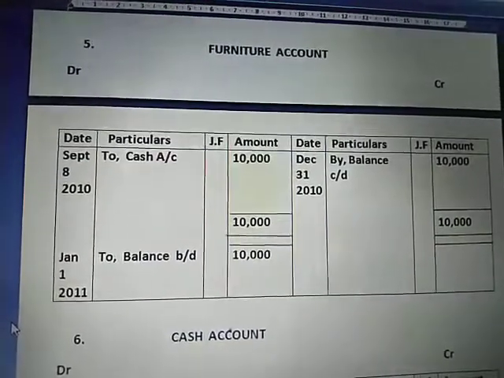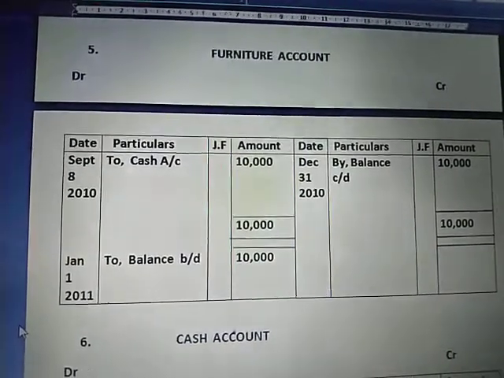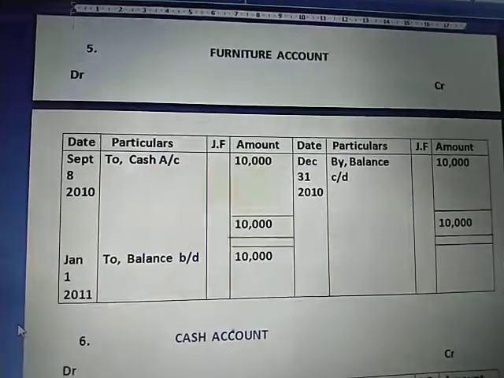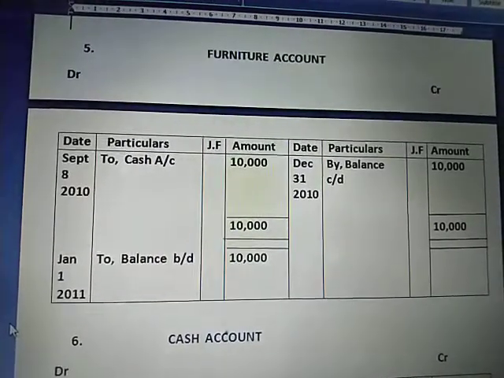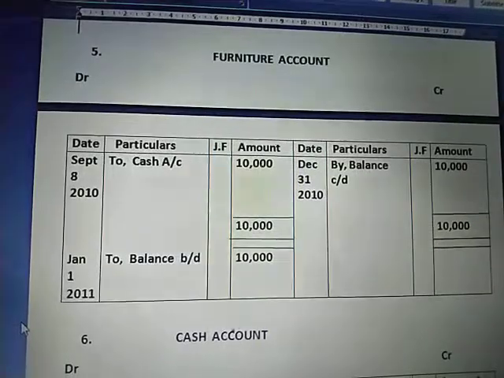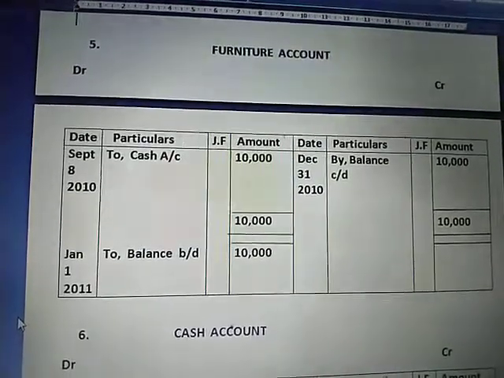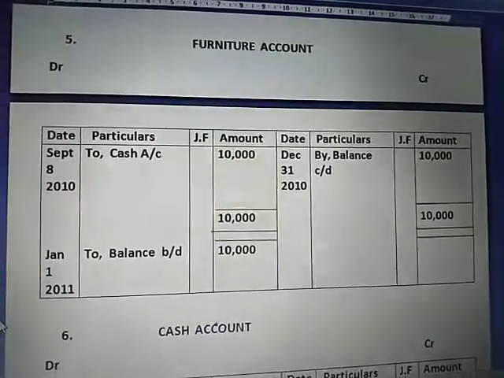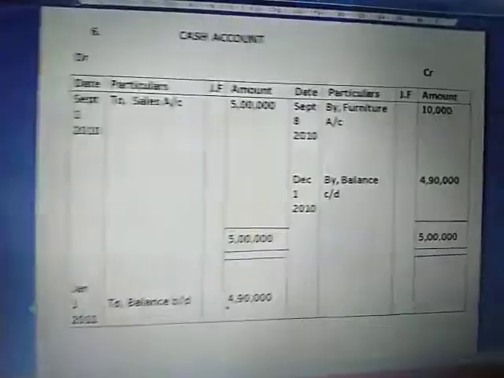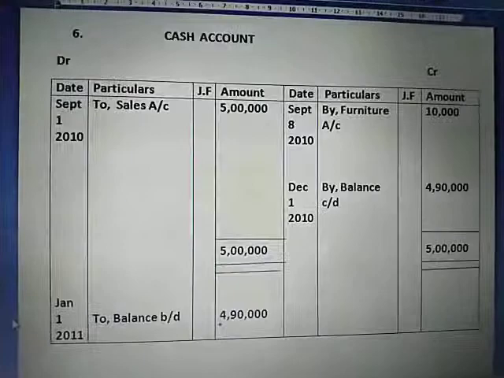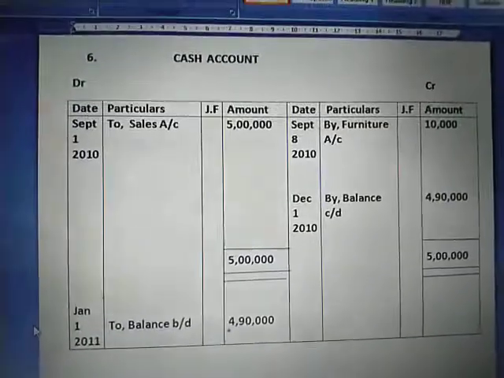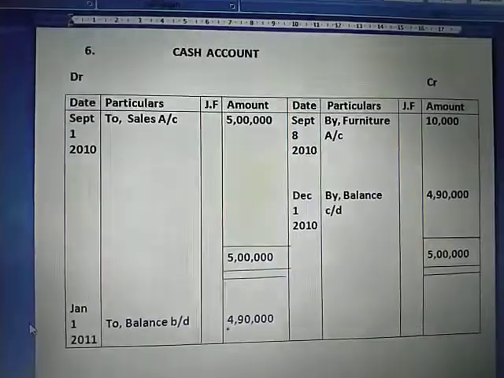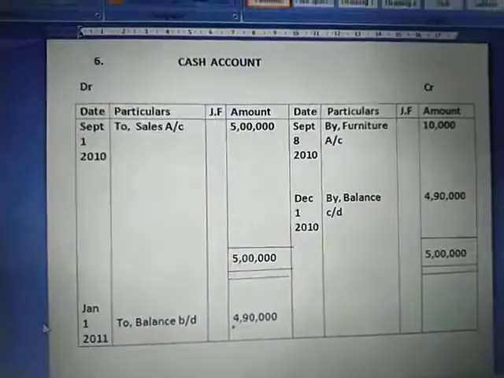Okay, now children, we have recorded all 4 transactions and posted them in the various ledger accounts, and the next posting will be for the cash account for this last transaction. So let us just quickly go to that. Now see here, the cash account for that last transaction will be affected by furniture account, since we are having a cash purchase of furniture.